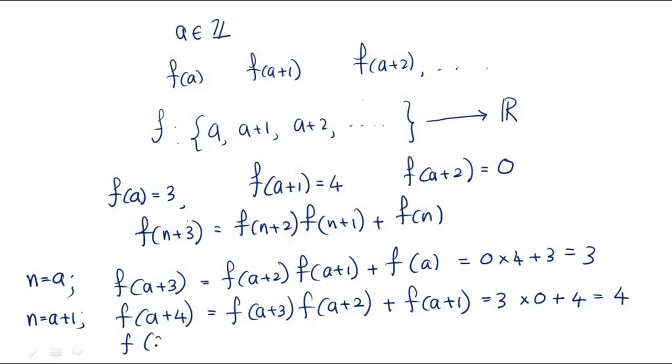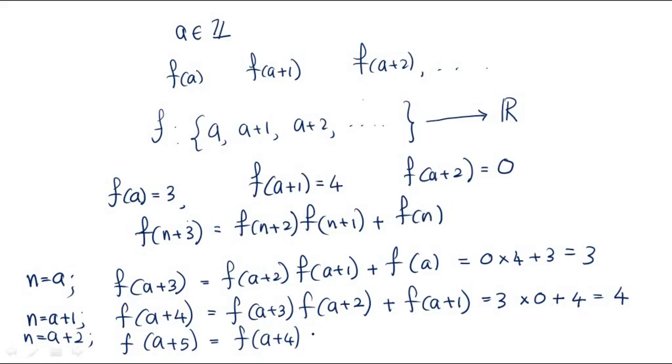Now the next term, f(a+5), can be computed by substituting n equals a plus 2. So either you can substitute n equals a plus 2, or just remember the idea of the recursive formula. I just take the product of the two immediate terms plus the term before these two terms.